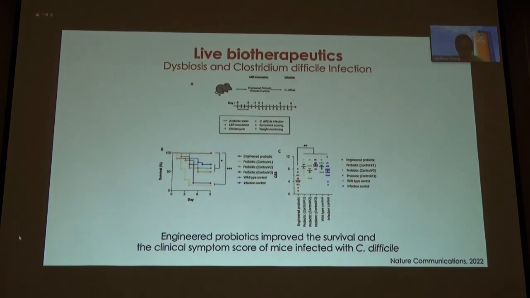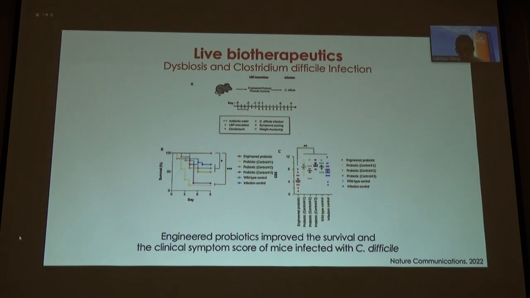Then we validated this efficacy in animal models in vivo, to make sure that these engineered microbes improve the survival and clinical symptom score of mice infected with C. diff.